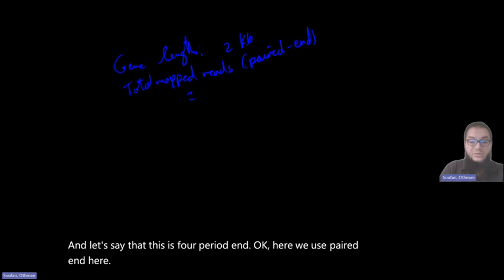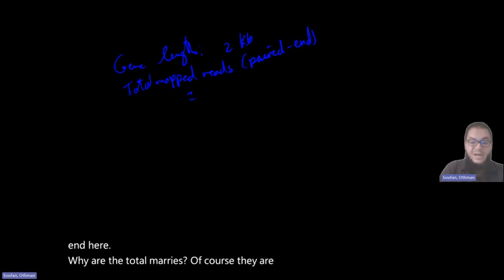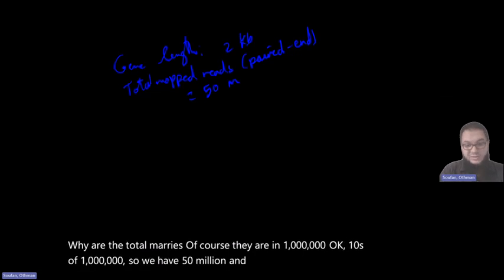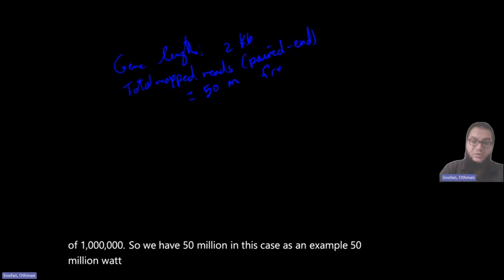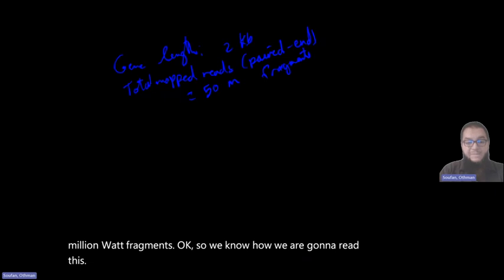What are the total mapped reads? Of course, they are in millions, tens of millions. So we have 50 million in this case, as an example. 50 million what? Fragments. So we know how we are going to read this.